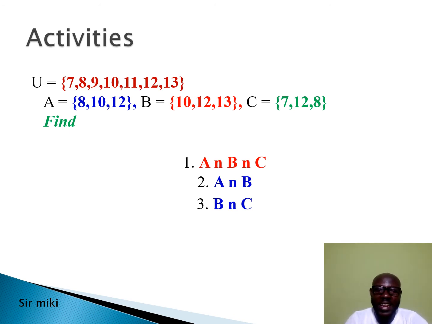Now we are to find: 1. A ∩ B ∩ C. 2. A ∩ B. 3. B ∩ C. Alright. Now, this one tells you that set A, set B, and set C are subsets of set U.